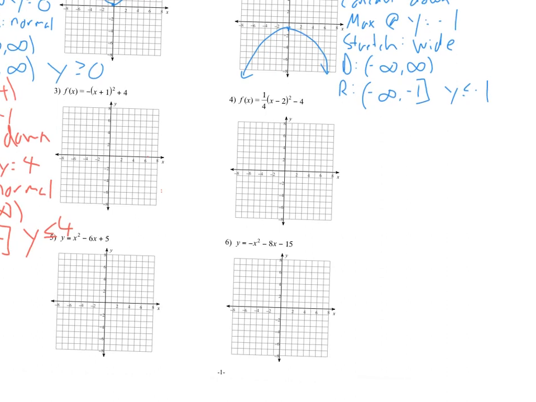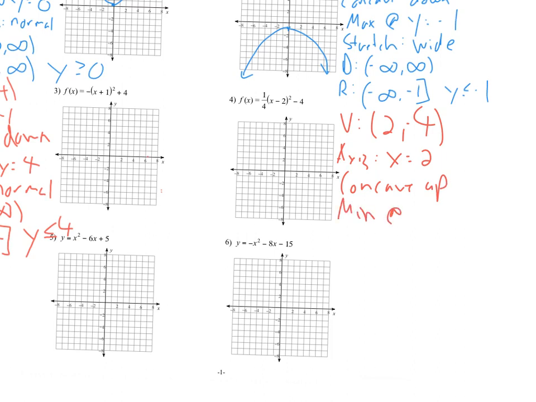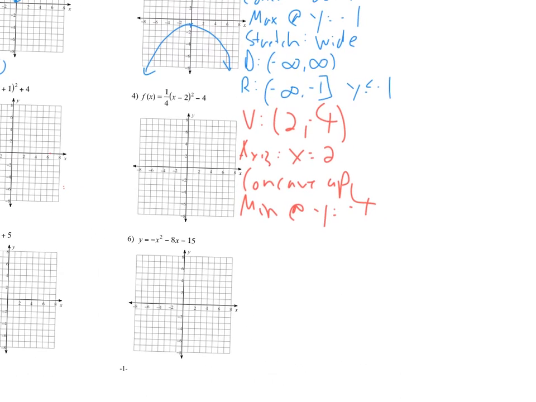All right, number 4. So our vertex is at 2, -4. Our axis is at x equals 2. We are concave up, which means we have a minimum at y equals -4. Our stretch is wide.